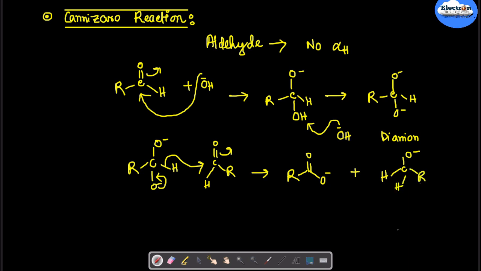Basically, a primary alcohol will be generated in this case, and both compounds will be converted to their protonated versions. A proton will be attached from the solvent, and this is converted to the carboxylic acid, that is COOH, and the alcohol is converted to the primary alcohol, that is RCH2OH, generated over here.